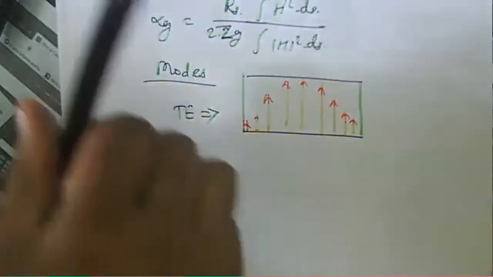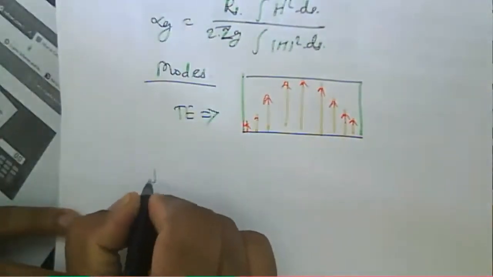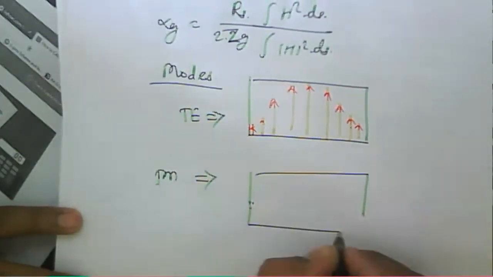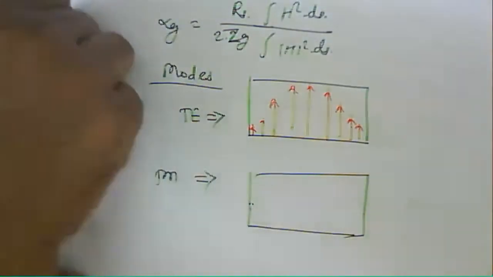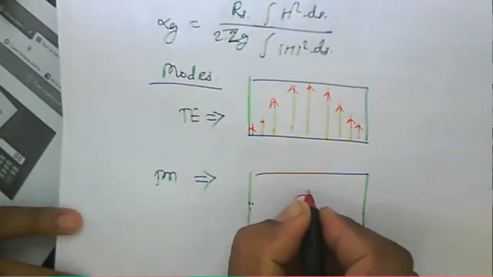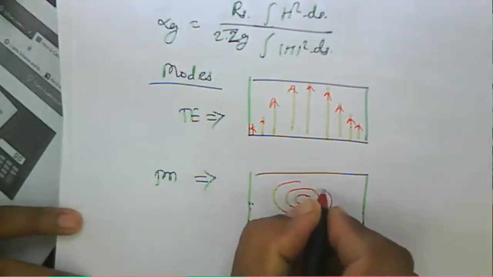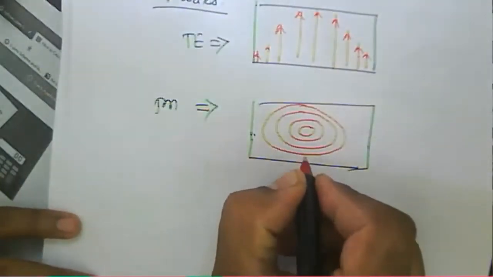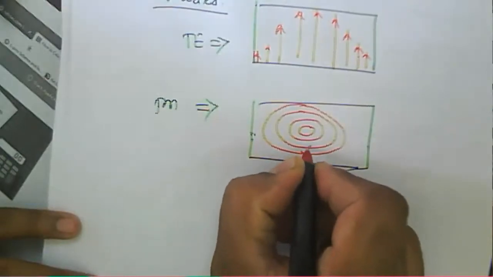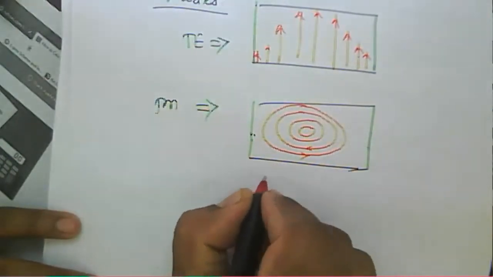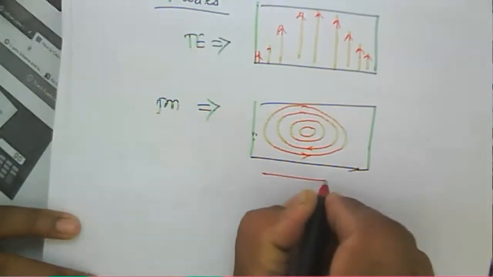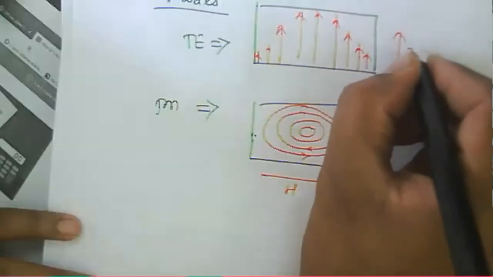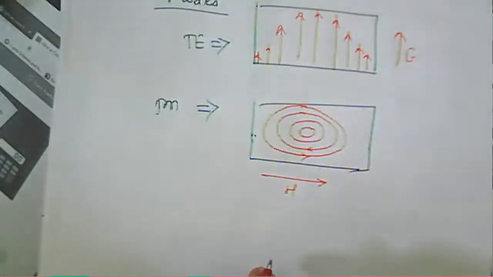Now, if you have a TM mode in the same rectangular waveguide, your excitation becomes likewise. If I draw the electrical component, then the direction is this one. This is the magnetic field component H, and this is the electric field component E.